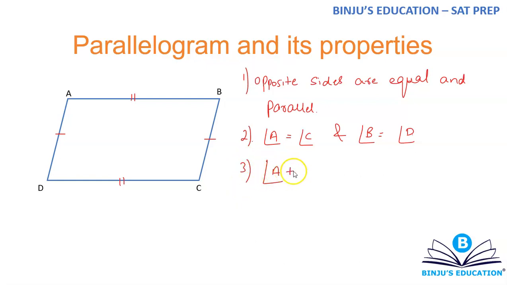That is, angle A plus angle D is 180 and angle B plus angle C is also equal to 180, and likewise you can say for AB also and for DC also. So sum of the adjacent angles always adds up to 180 degrees.